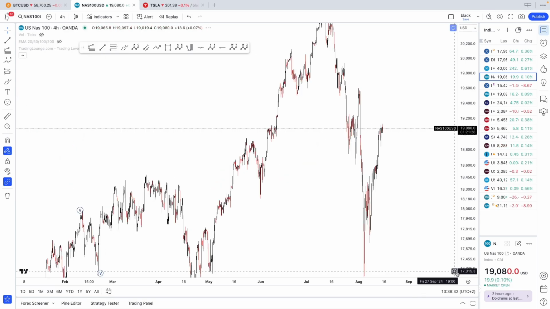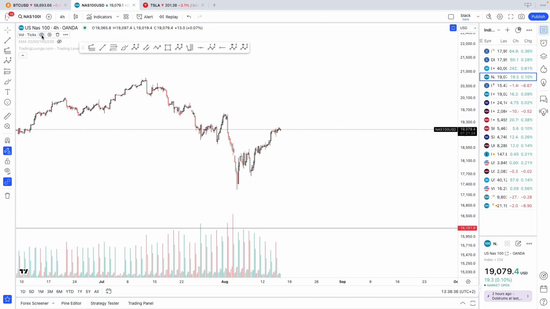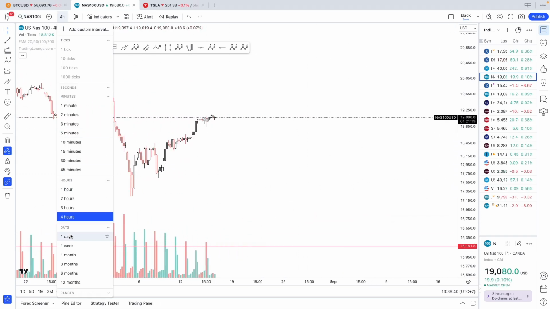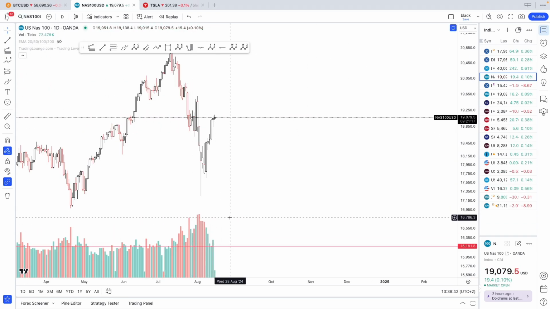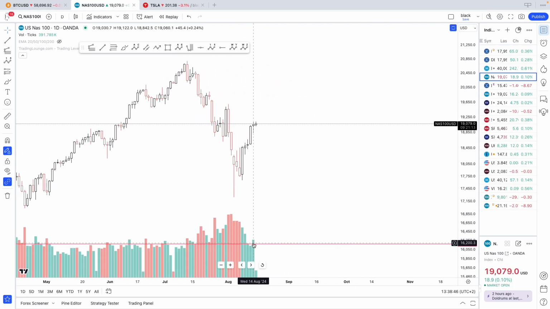If we go back on the 4-hour and take a look at volume, maybe the hour. Let's start with the daily. So this is very interesting. Yesterday was very interesting, because we bottomed with the highest volume, which is very common, because at the turning point you have the most chaos, the most exchange between sell and buy orders.